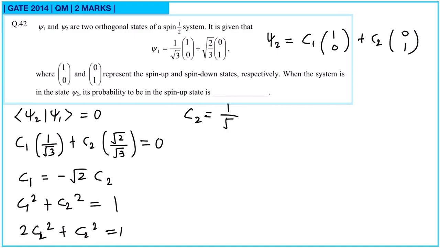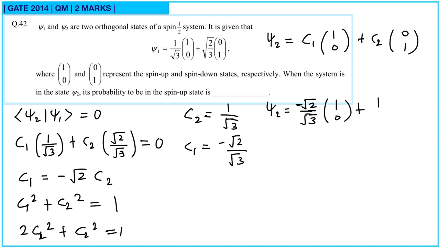So C2 will be 1 by root 3, and that gives us C1 is equal to minus root 2 by root 3. So Psi 2 will be minus root 2 by root 3 |1 0⟩ plus 1 by root 3 |0 1⟩. So that will be the second state.